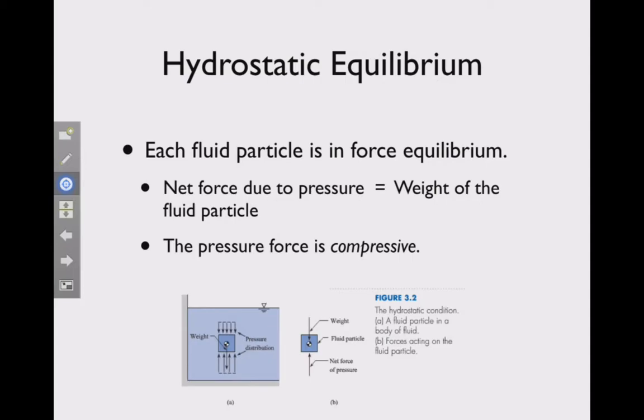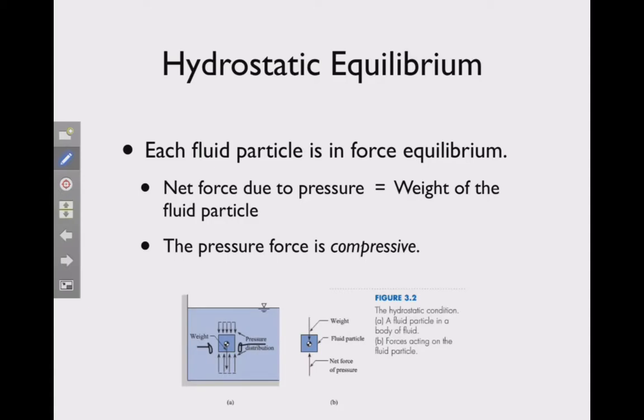The next thing that's very important to keep in mind throughout the entire semester is that the pressure force is compressive. So I'm going to add a couple of arrows to this. You'll see in this diagram, we see some arrows coming from the bottom and arrows from the top, but what it doesn't show are arrows from the side. And so there are arrows coming in to the sides as well.